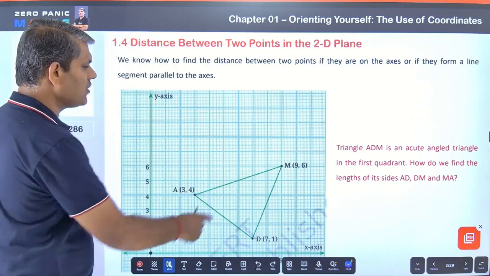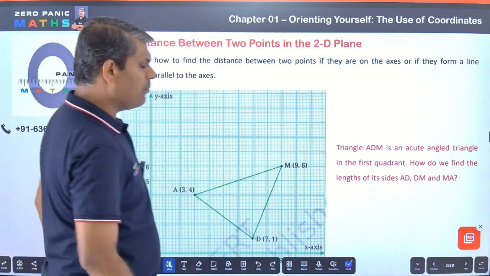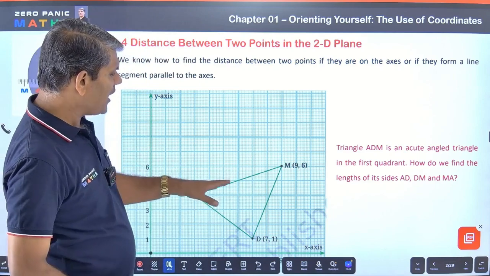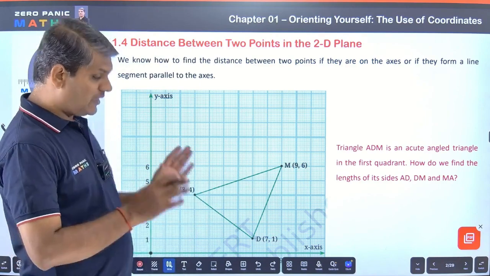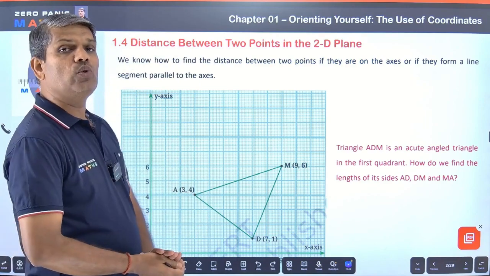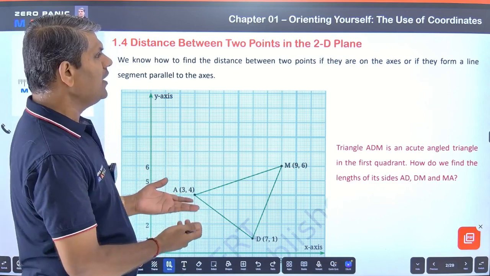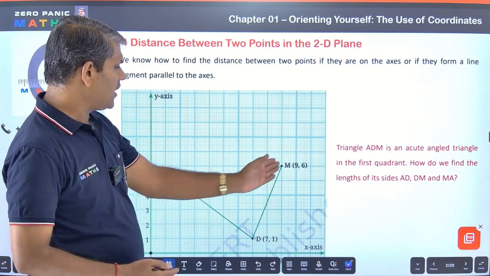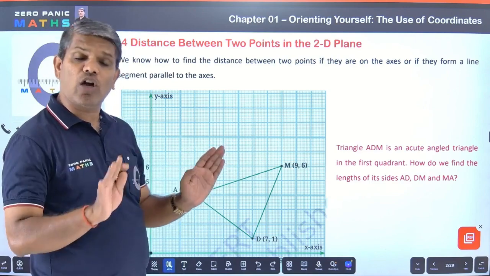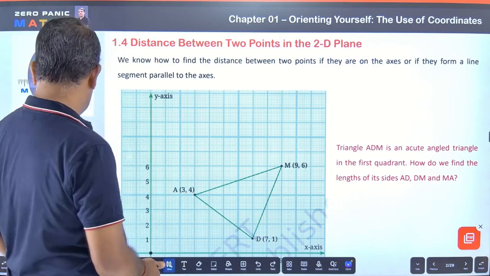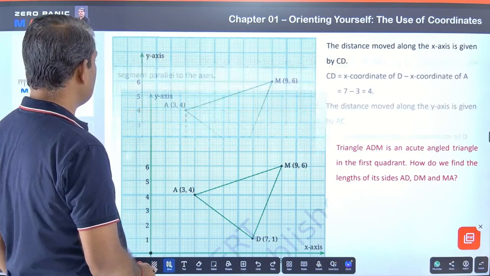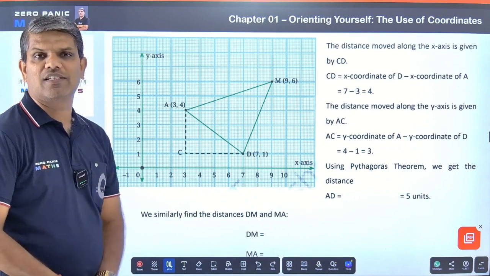There are three lines making a triangle here, but none of the lines are parallel to the x-axis or y-axis. Now in this session we are going to see how to find the distance between such coordinate points which are not parallel to either of the two given axes. How we do that is shown in the next slide.